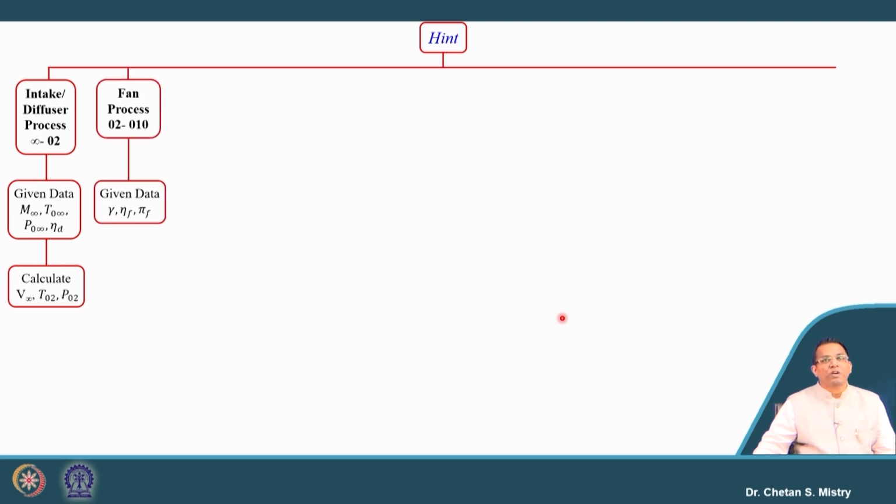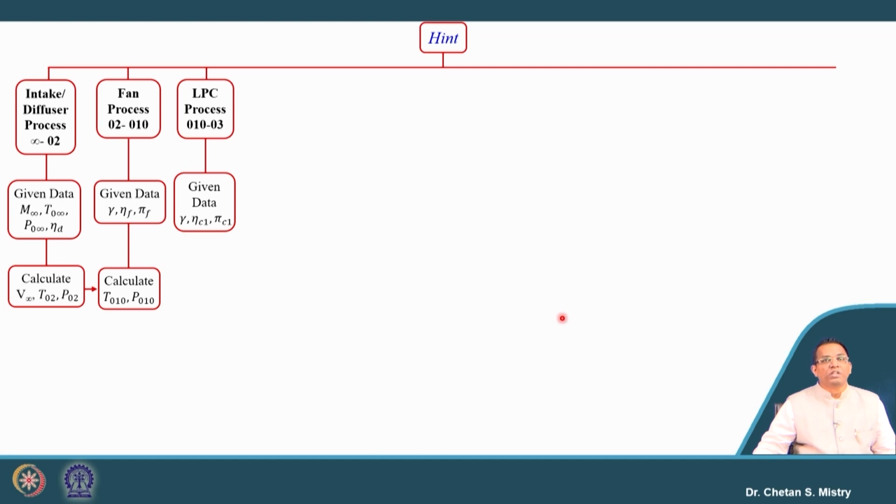The next component is our fan. For the fan, the fan efficiency and fan pressure ratio are given. Based on that, we can calculate the exit temperature and exit pressure from the fan. We have our LP compressor. For this LP compressor, we know the efficiency as well as the compression ratio.